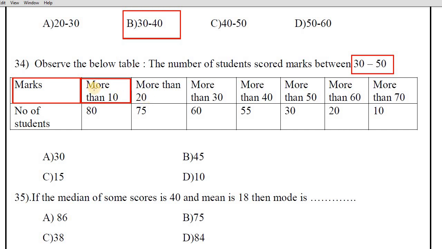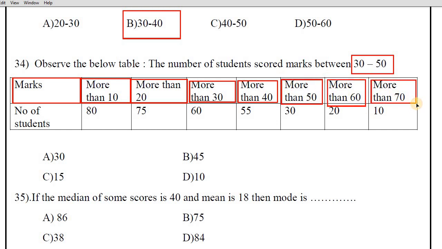So whenever there is a more than type, we always consider 10 to 20, taking 10 as the lower limit. So 10 to 20, then 20 to 30, 30 to 40, 40 to 50, 50 to 60, 60 to 70, and 70 to 80 you will write.